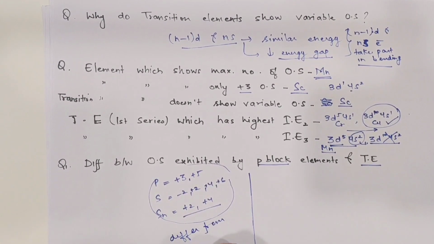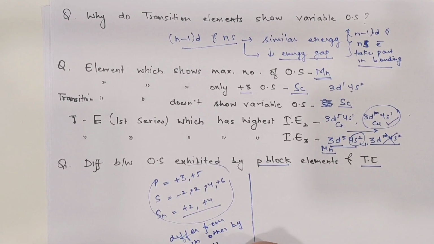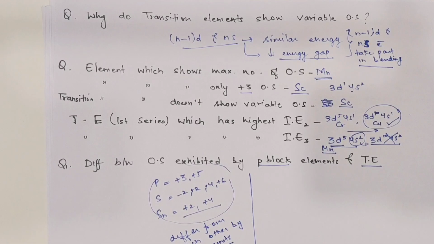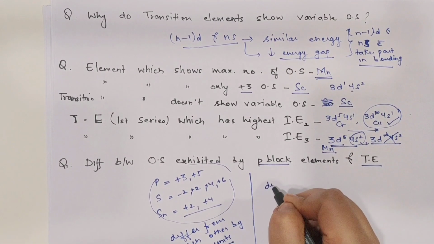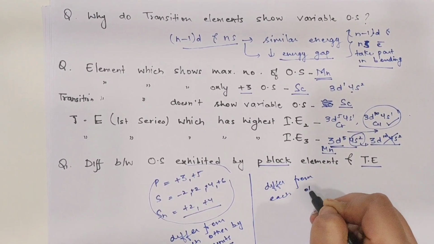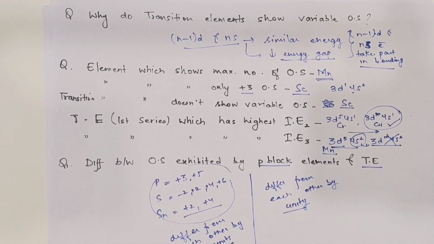by 2 units. Whereas in case of transition elements, as we have seen, they show many oxidation states all differing from each other by unity, or by single unit.